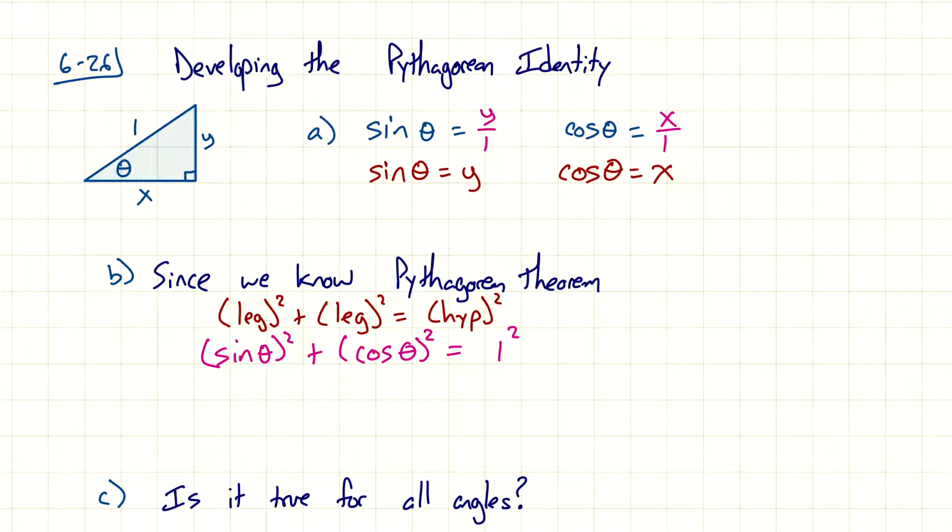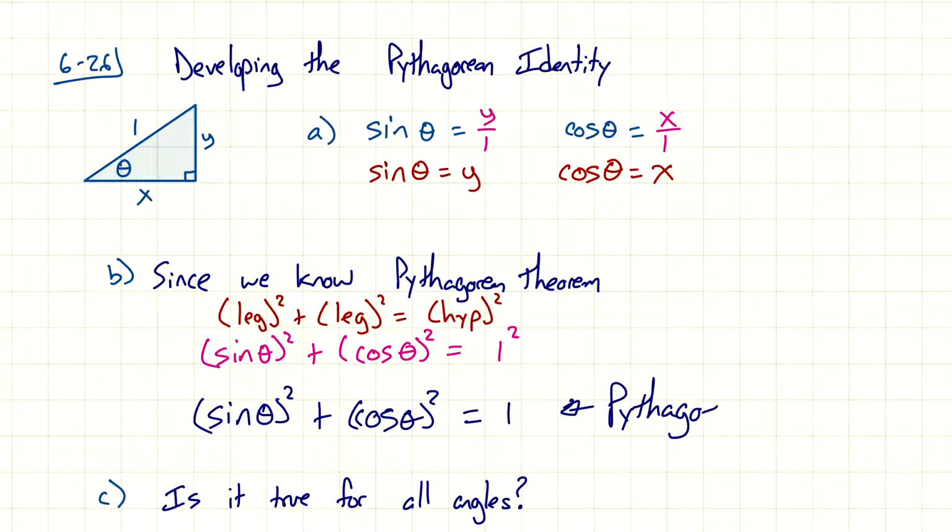All right, what this leaves us with could be simplified. We're left with sine of theta squared plus cosine of theta squared is equal to 1. This is what we're going to end up calling the Pythagorean identity. We're building up to really proving this.